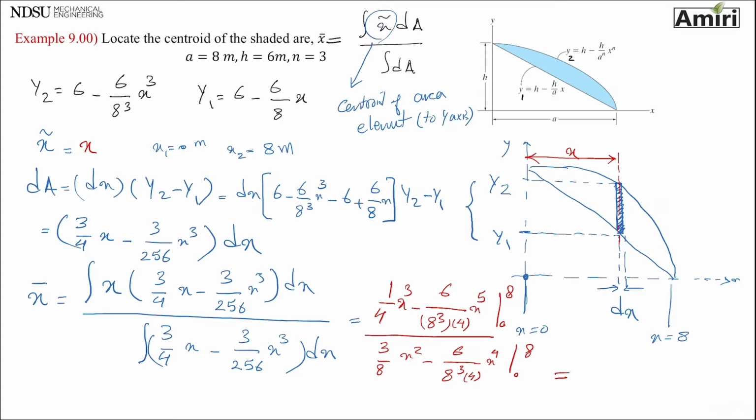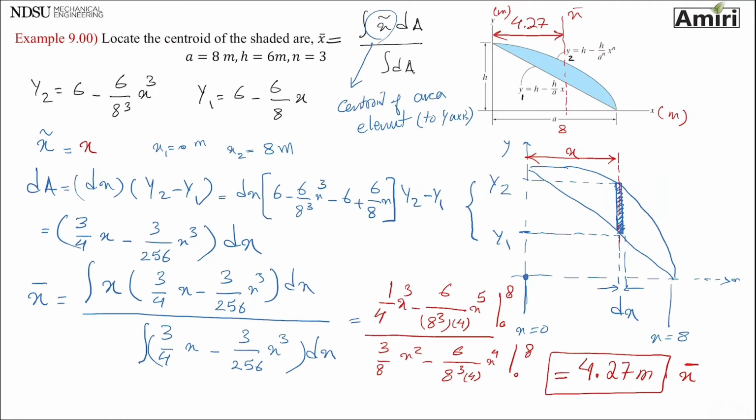The final result is going to be 4.27 meters, and that is x bar measured from y. So if a is 8 meters, this is a little bit over half. So a little bit over 4.27 meters.